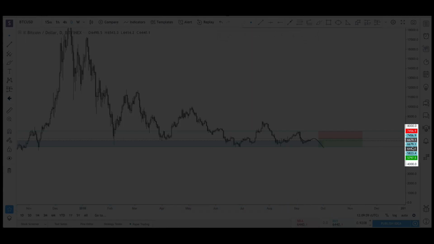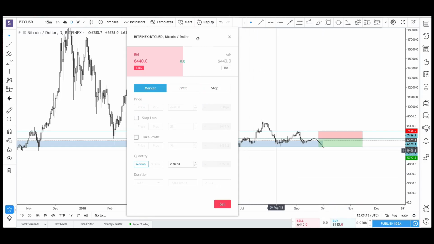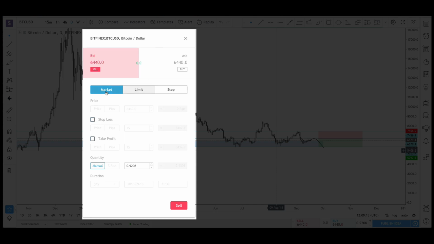So now I'm going to come down here to the sell, and that'll open up the trading window. Similar to BitMEX, you've got your market orders, limit orders, and your stops. I'm going to place a limit order here at the middle blue, 6679.